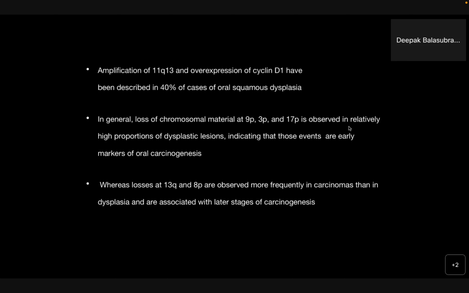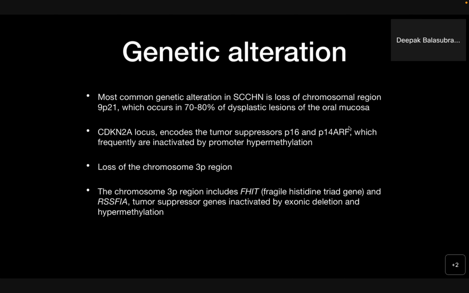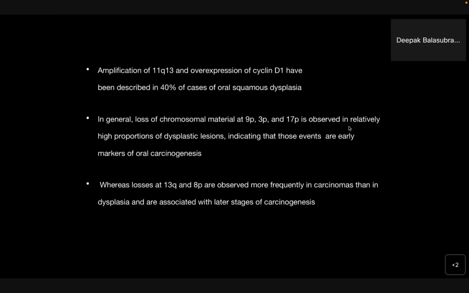So another thing that we have to look at in dysplasia, I told you that 9p21 loss is seen in dysplasia in about 70% of patients, but there's also amplification of 11q13 and overexpression of cyclin D1 in about 40% of cases of squamous dysplasia. And one of the early markers of loss of chromosomal material in dysplastic lesions, which are early markers of carcinogenesis, are 9p, 3p, and 17p.